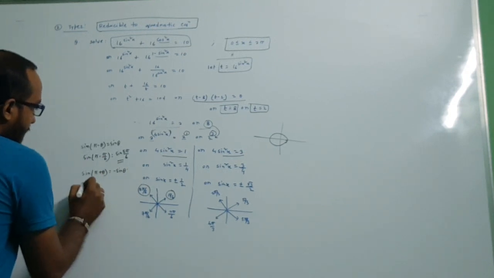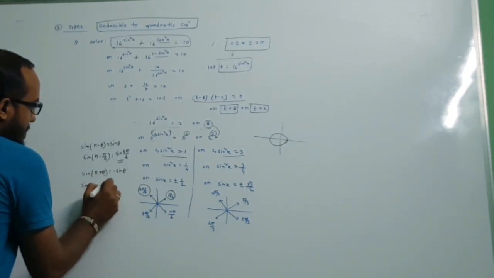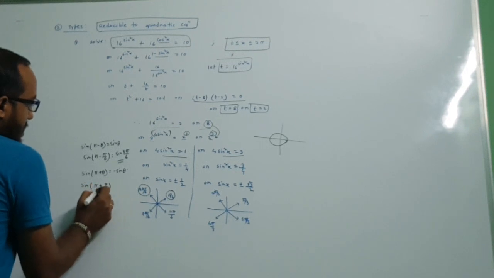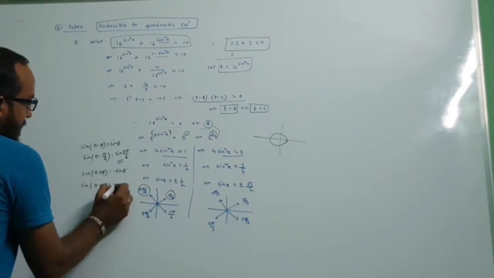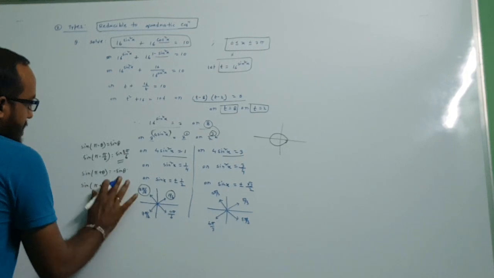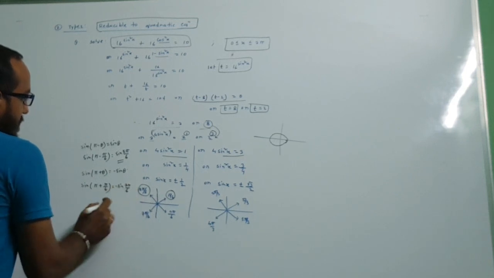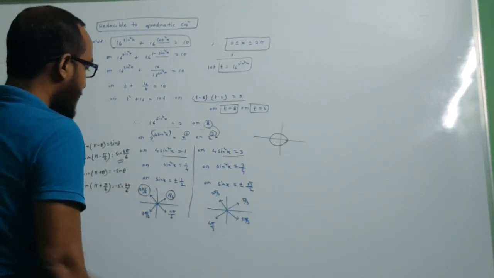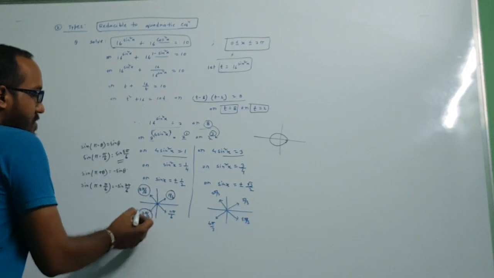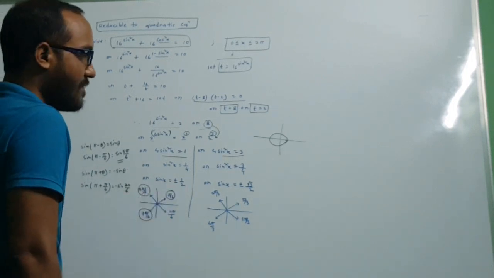So if you do pi plus pi by 6, so 6 pi plus pi by 6, that is 7 pi by 6, minus sin of pi by 6. Sin is negative in the third quadrant, so another solution would be 7 pi by 6 for minus half.